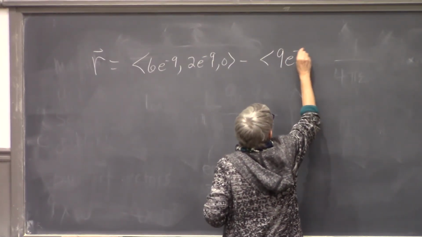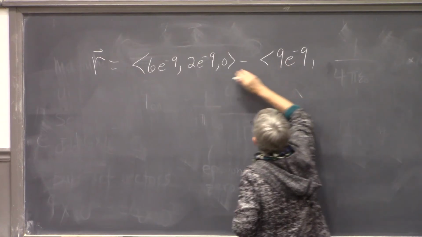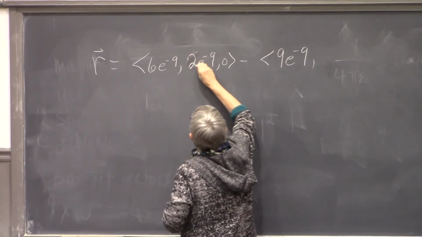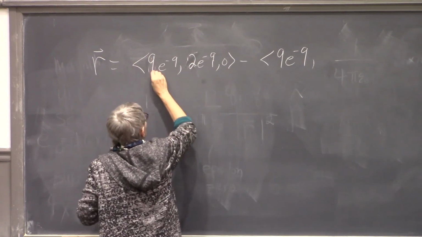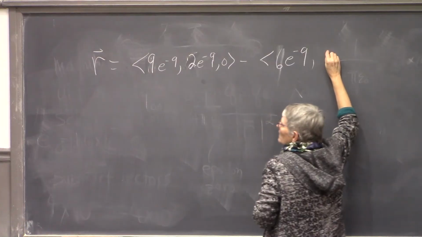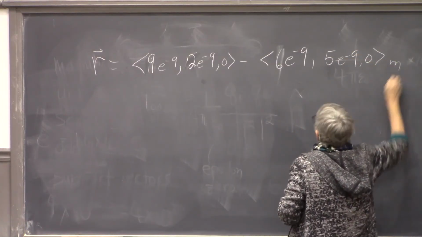Nine times 10 to the minus 9. Oh, this was a 5. No, that was a 2. That's a 9. Okay, we'll get this right. 6, 5 times 10 to the minus 9, 0 meters.